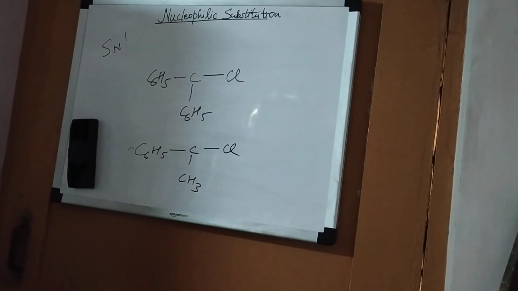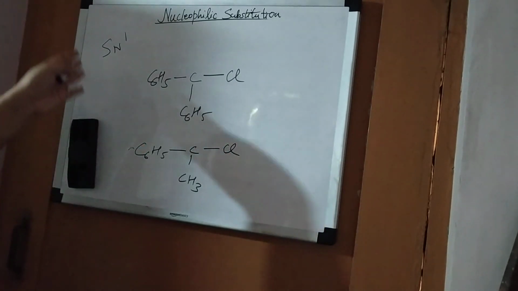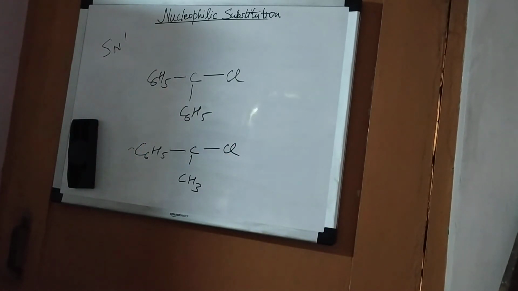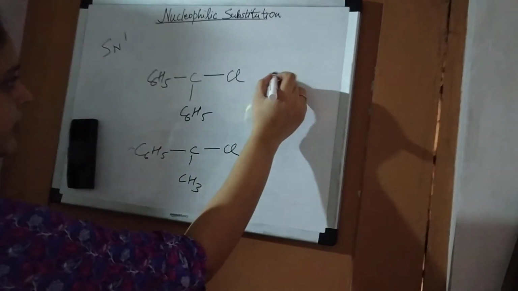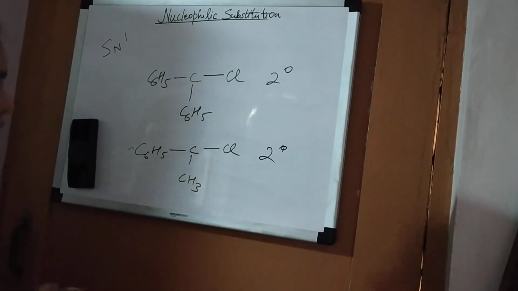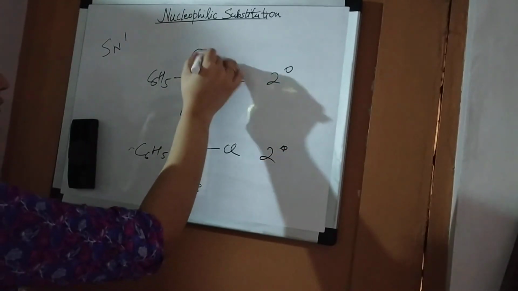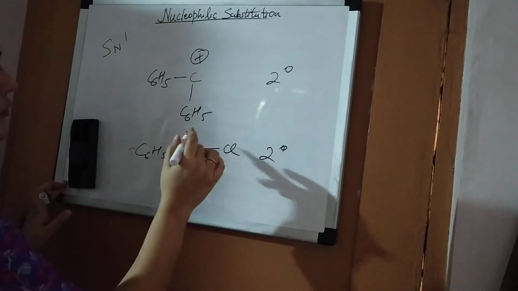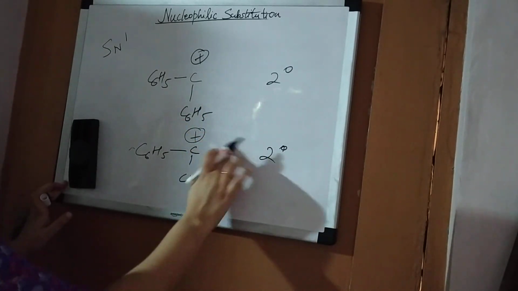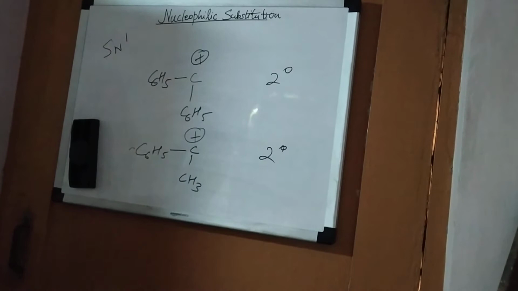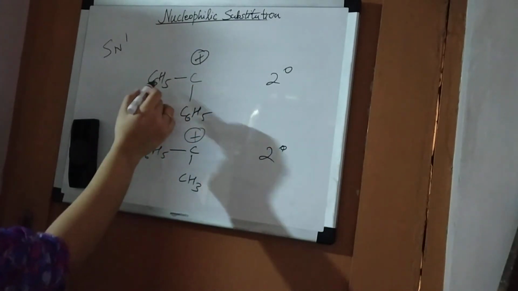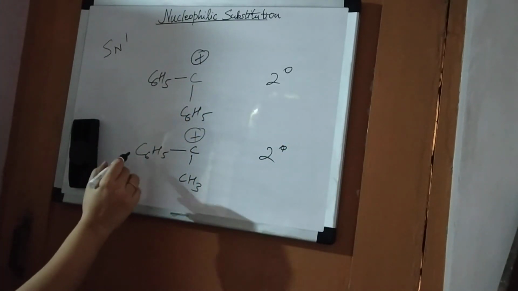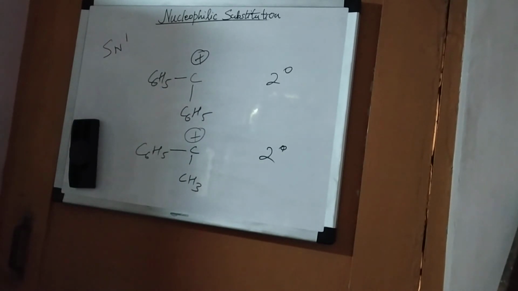In this you have to find out which will undergo the SN1 reaction faster. Here also you can see that both will form a secondary carbocation after the chlorine group leaves. Now you have to see the stability of the secondary carbocations, which one is more stable. So this is attached to two phenyl groups and this is attached to one phenyl group and one CH3. So this is the difference.